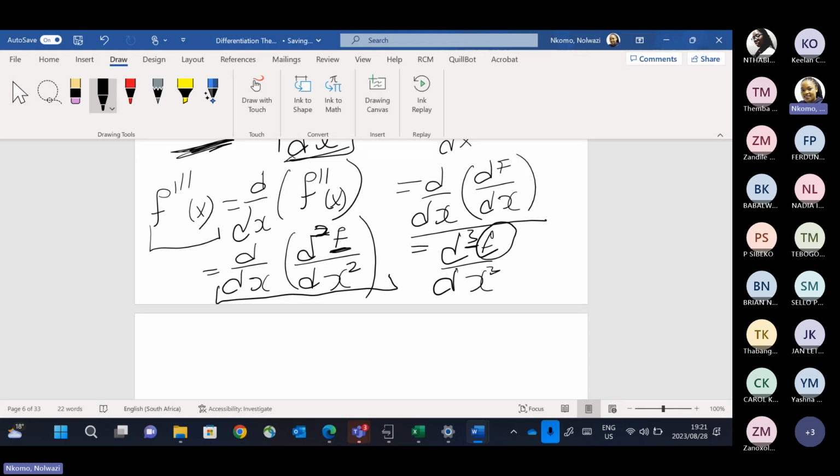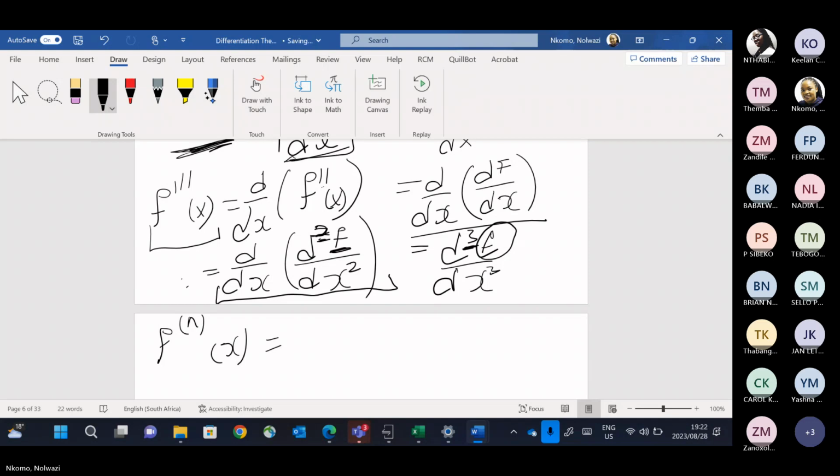Okay, this goes on until the nth order derivative. The third order derivative is the derivative of the second derivative, and the second derivative is the derivative of the first derivative.